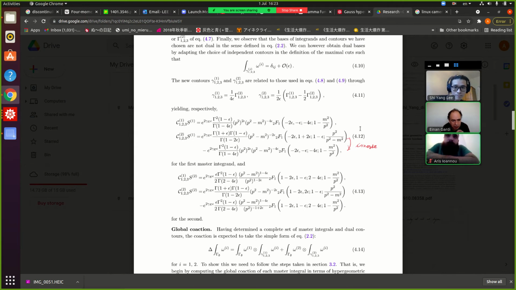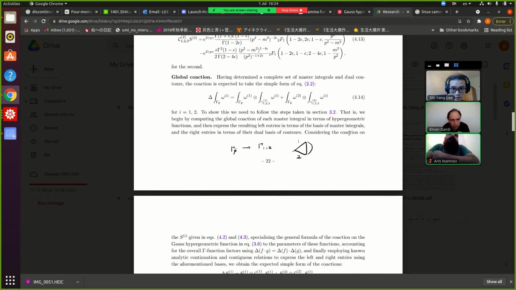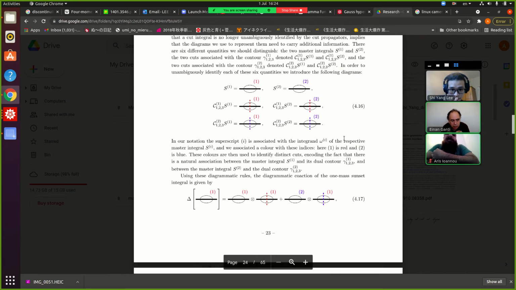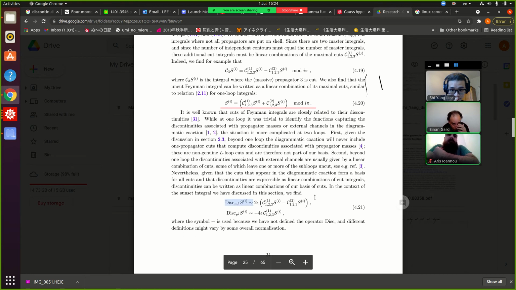One of the maximal cuts. Okay. Mhm. Okay, very good. So okay, I understand. It is this maximal cut.